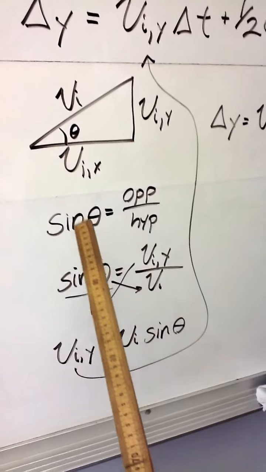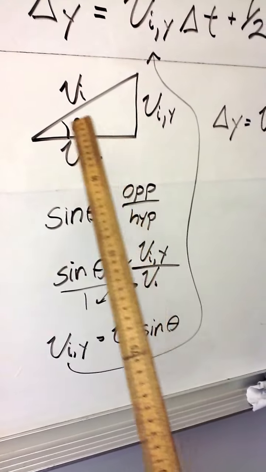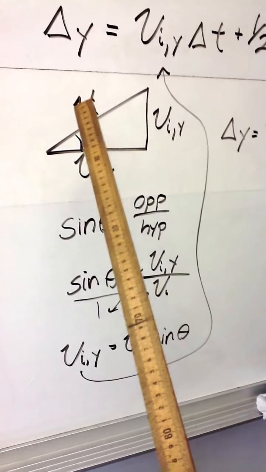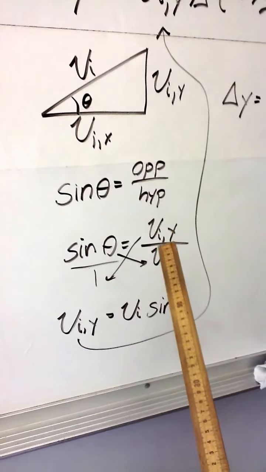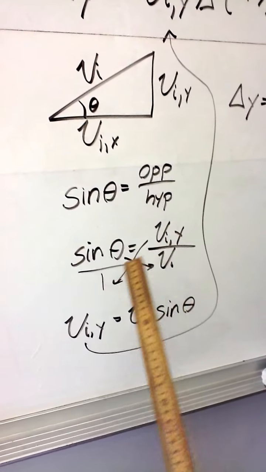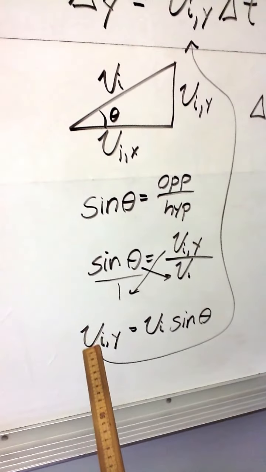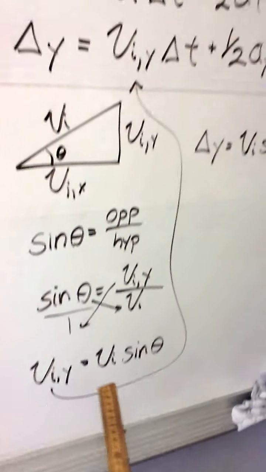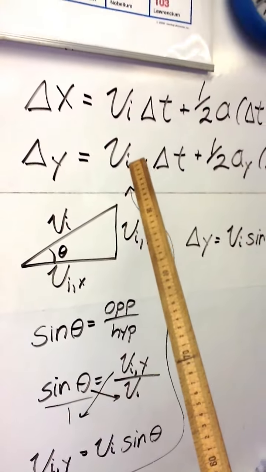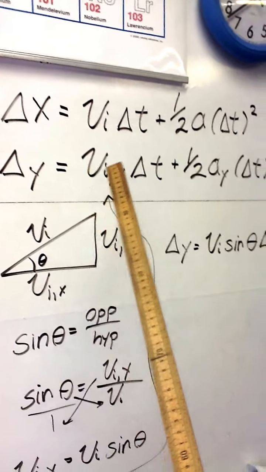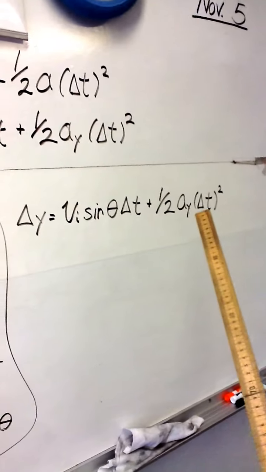You can solve for this by using the sine function, where you have opposite being y, and hypotenuse being the initial speed, and just plugging in the appropriate items, cross multiplying, and so your initial speed in the y can be plugged in to this equation from the kinematic equation where we just changed to our y's, and you get this.